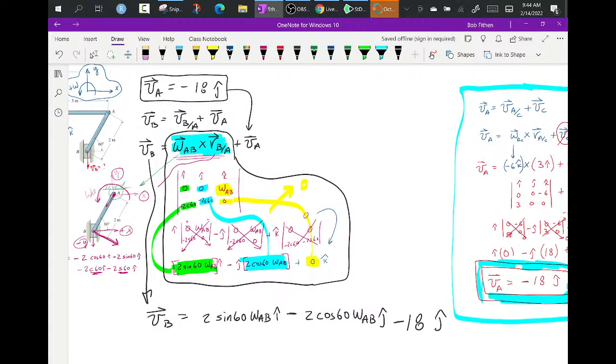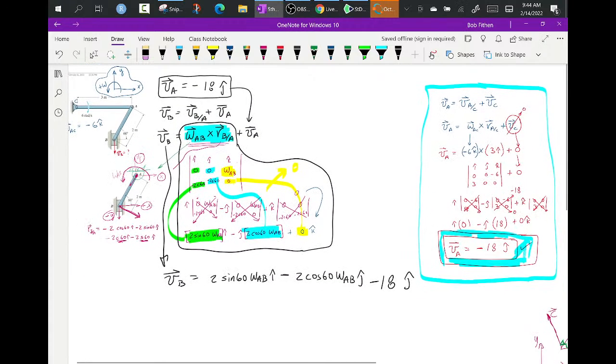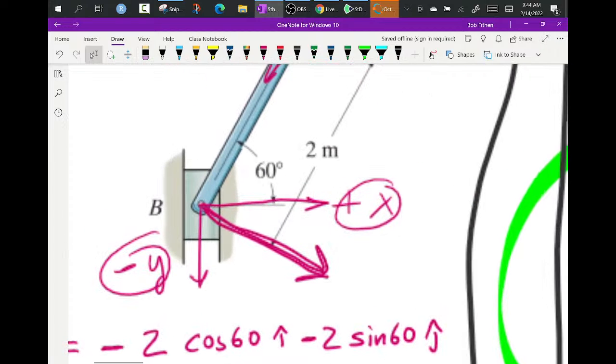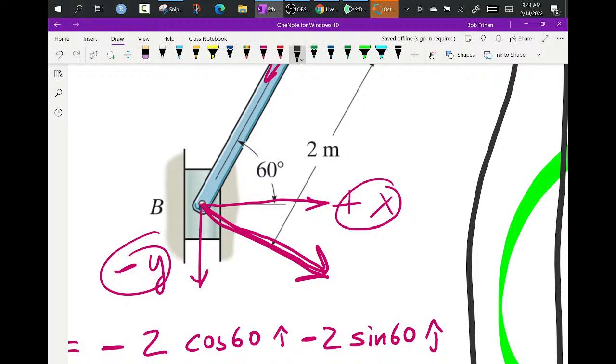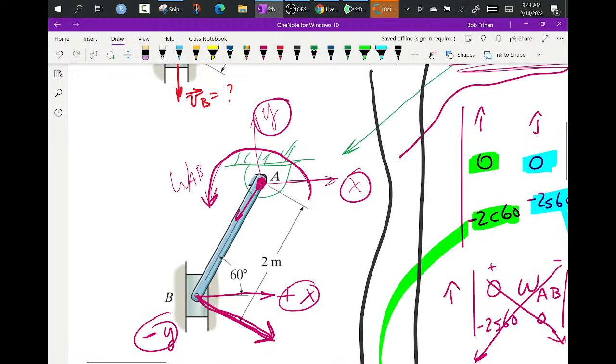So, what do I do now? Well, the next thing is, hey, wait a minute. This thing is a piston. It's confined to go straight down or straight up. Now, here's where I basically divert from the text. And here's the way I divert. I have a coordinate system that I've defined that always looks like this.